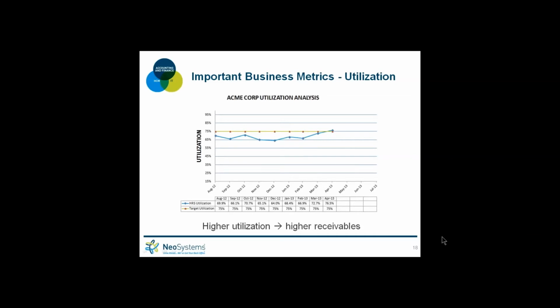Some of the business metrics that we use to gauge not just revenue but cash: one is your labor utilization. Obviously, the higher your labor utilization, the higher your receivables in most cases.